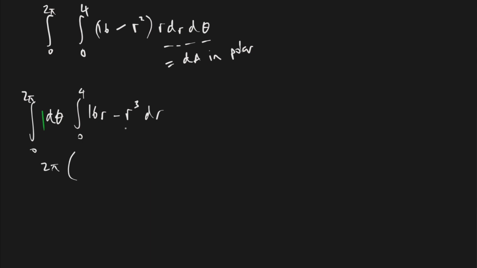And then in brackets, let's integrate 16r minus r cubed. We're going to get 8r squared minus a quarter r to the 4, and that's going from 0 to 4, so what do we get?